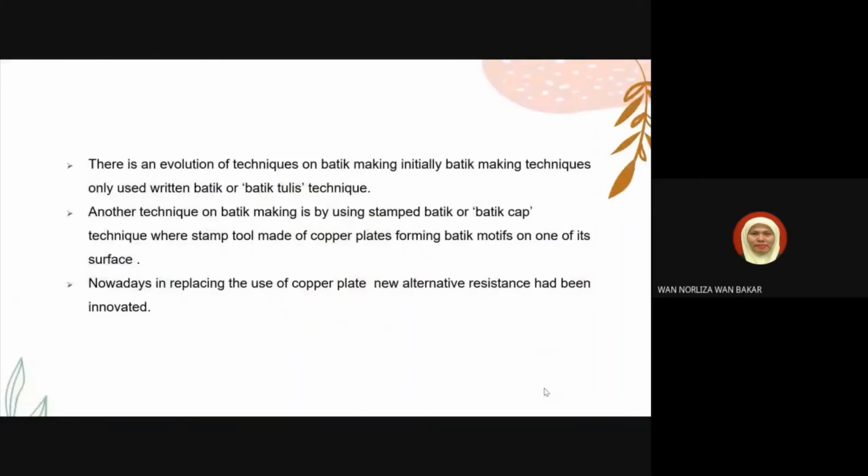The evolution of techniques in batik making starts with the batik tulis technique. Another technique is stamp batik or batik cap, where the stamp tool is made of copper plates forming batik motifs on one of its surfaces. Nowadays, to replace the use of copper plate, new alternative resistance has been innovated.